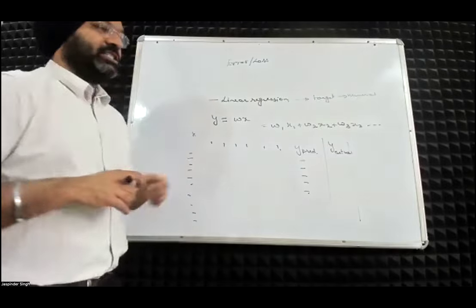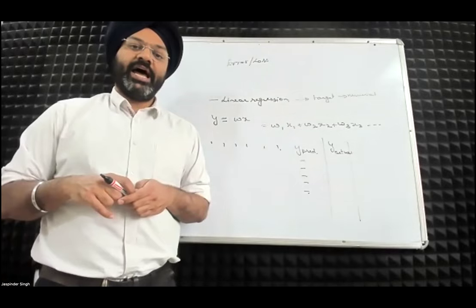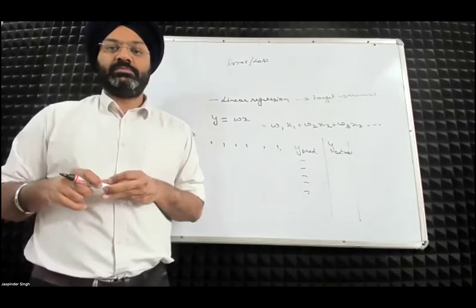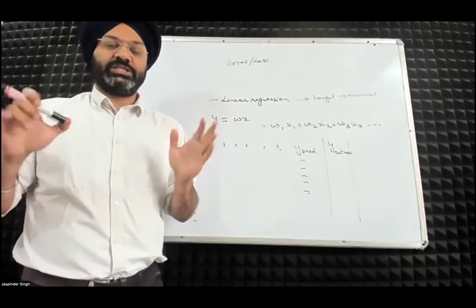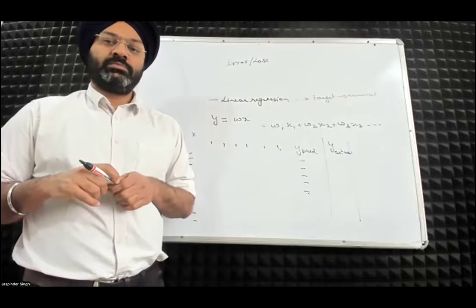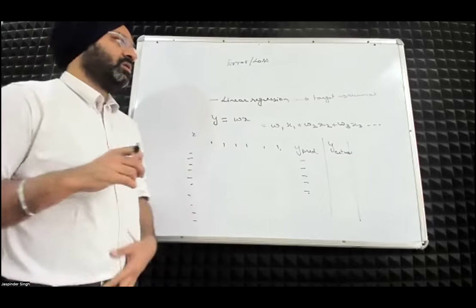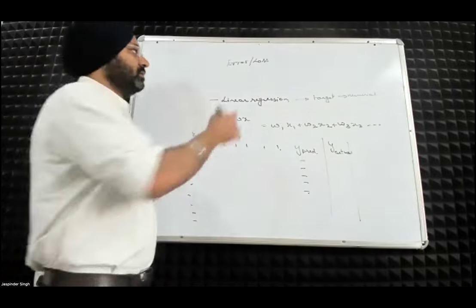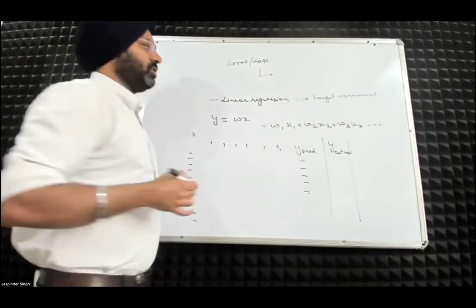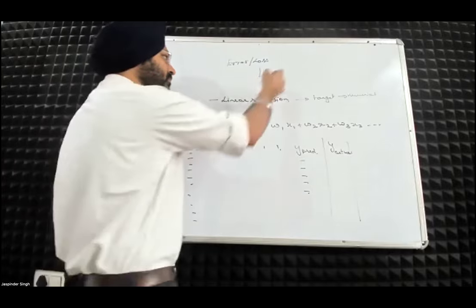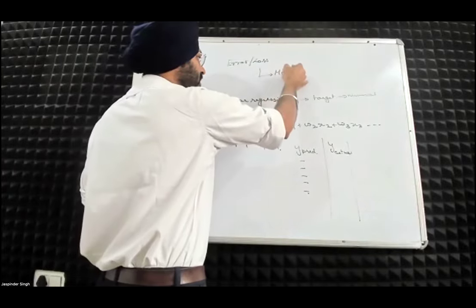Now for linear regression, I can have the error or the loss function in many manners. We can have different loss functions. But we have talked about one loss function till now. And that loss function is what? Yesterday we talked about it. Mean squared error.